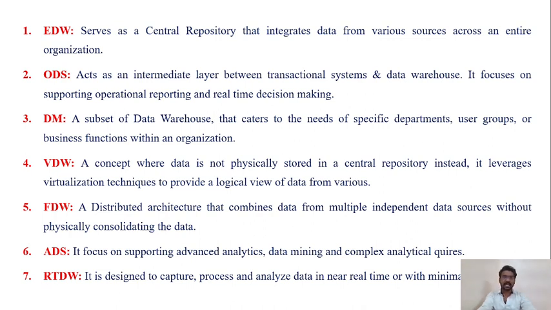The college has a central repository, which is the library. The library contains several sources of books, whether of the CSE department, EEE department, EC department or AIDS department. These are different sources available inside the organization. All these sources are collected together and placed into a central repository called the central library. This is called an enterprise data warehouse.